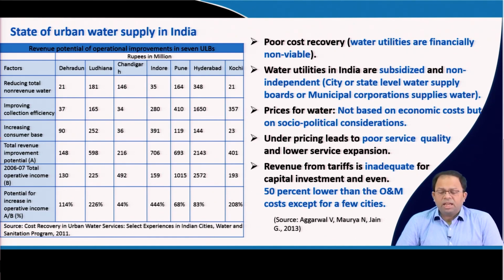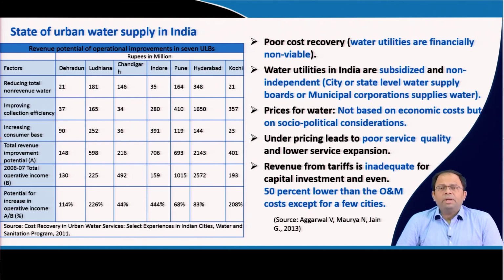They have to be subsidized, and in India most of the water utilities are subsidized, and because they are subsidized, they are non-independent. That means city or state level water supply boards or municipal corporations usually supply water, and they are directly under the control of the government. So based on the government's decision, they have to decide.